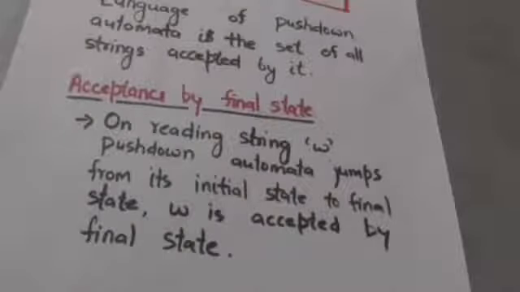If on reading a string W, the pushdown automata jumps from its initial state to one of its final states, then the string W is accepted by the pushdown automata by final state.